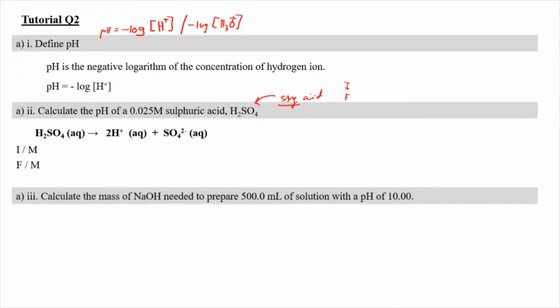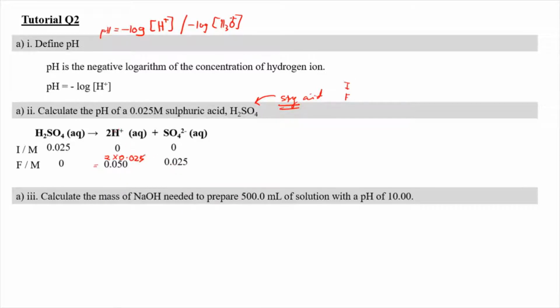So for the initial concentration of the H2SO4, it's going to be 0.025, and at the initial stage, we don't have any concentration of H plus as well as the SO4. But as time goes by, at the final stage, this will dissociate completely in order to produce 2 multiplied by 0.025. So at last, we're going to get 0.050 for the concentration of H plus, and for the SO4 2 minus, the concentration is going to be 0.025.